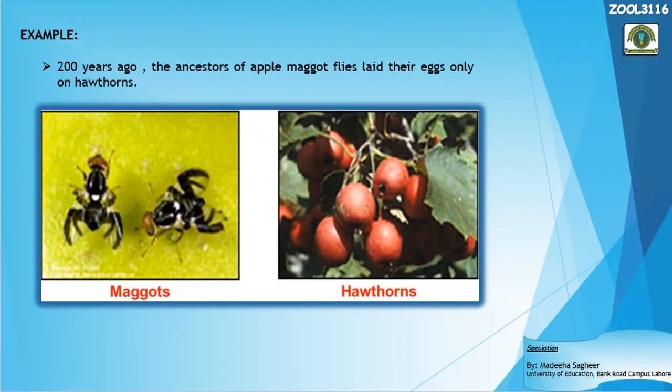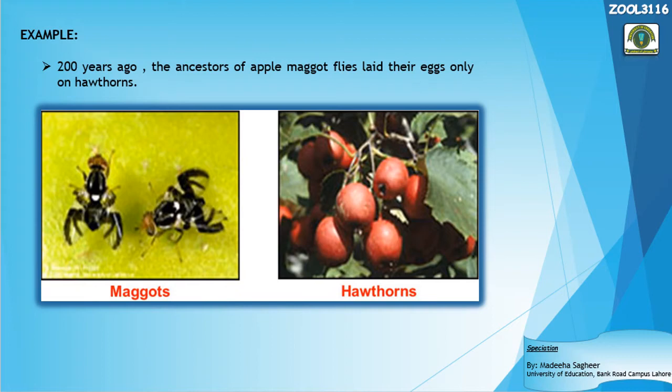Okay, now here is a very common, well-known example of sympatric speciation. With the help of this example, you will understand the concept of sympatric speciation. So here we have taken the example of the apple maggot flies. 200 years ago, the ancestors of these flies used to lay their eggs only on a plant known as the hawthorn.